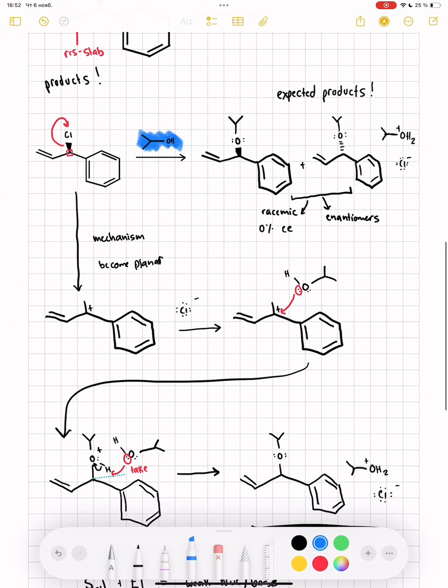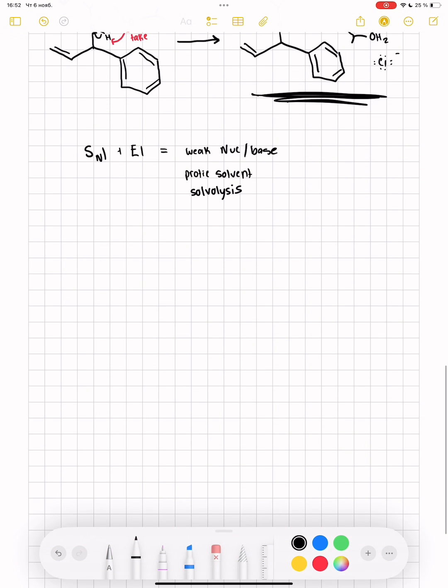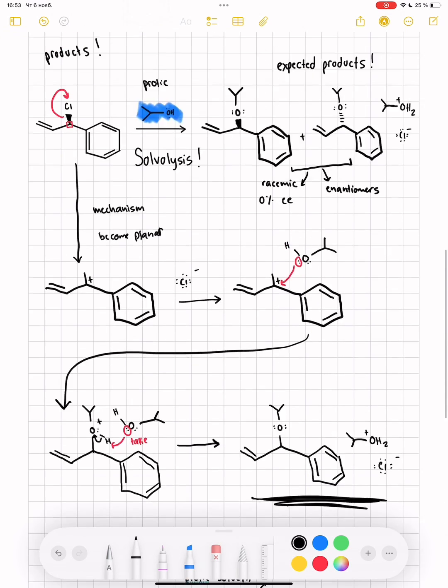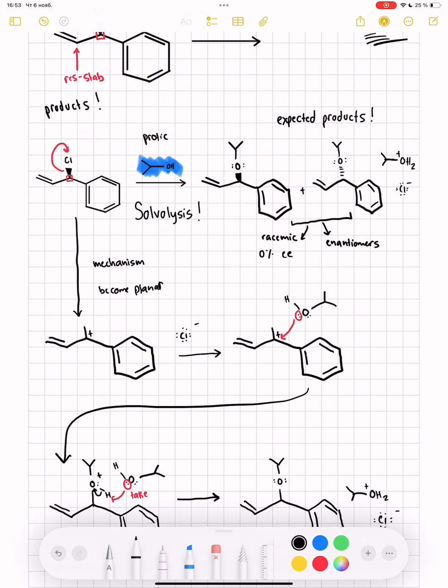If we look at this, our solvent in this case is a weak nucleophile, it can be a weak base. It is product because a part of the list of what can be product is an OH group with an R group attached to it. This is solvolysis. It's a solvent. It's going to undergo solvolysis for our problem.